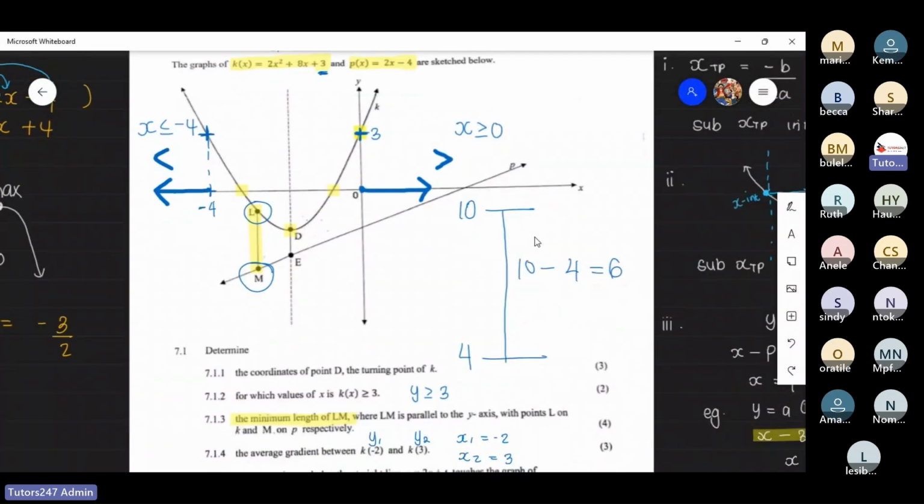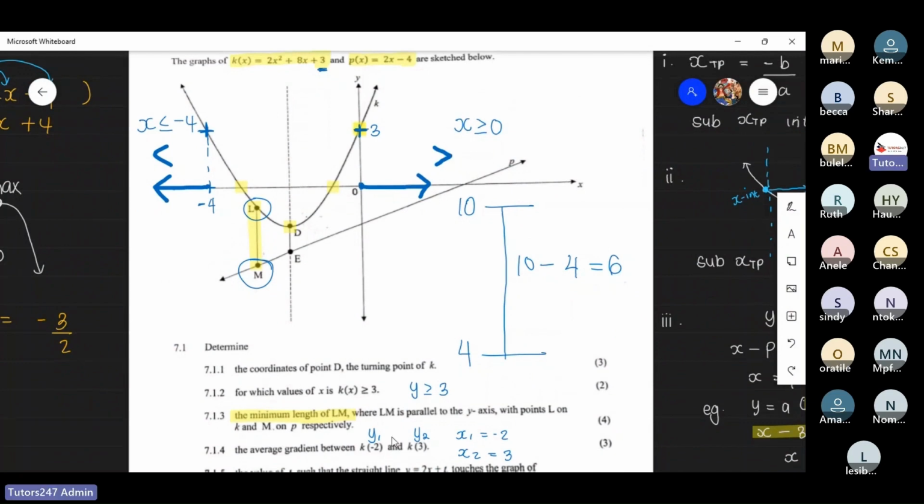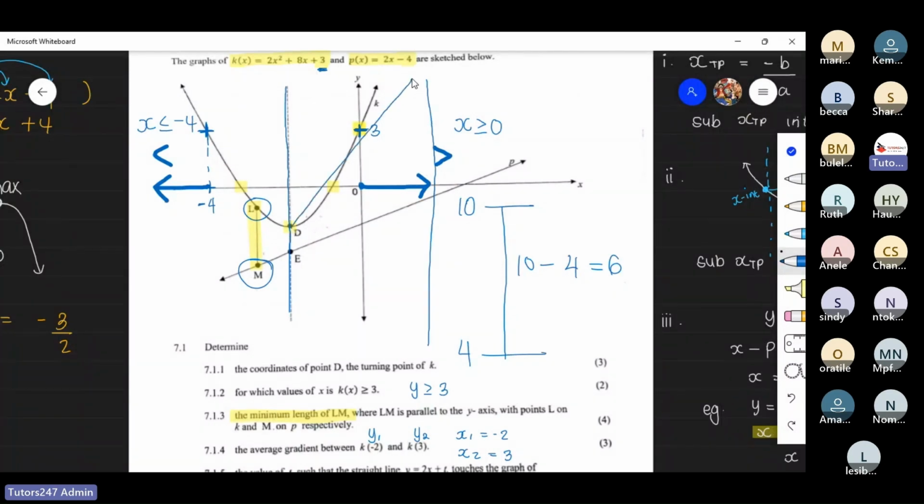And our value of x1 is negative 2. So we are now calculating from this point D all the way until x equals 3. So that should be around here. So we are calculating the average gradient between these 2 points.